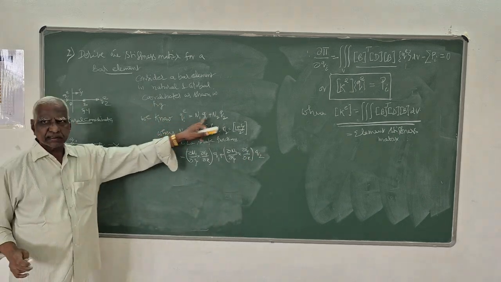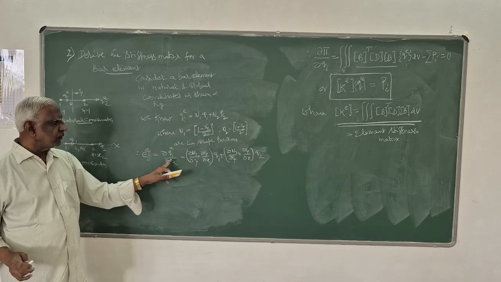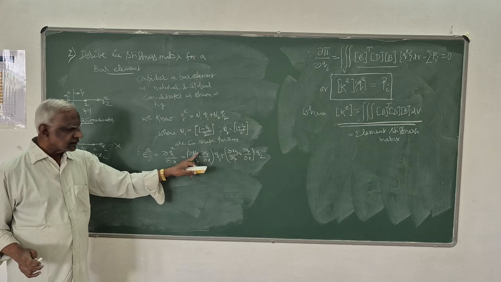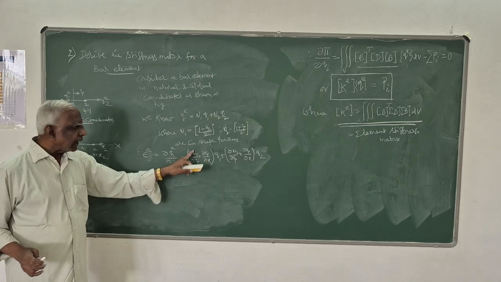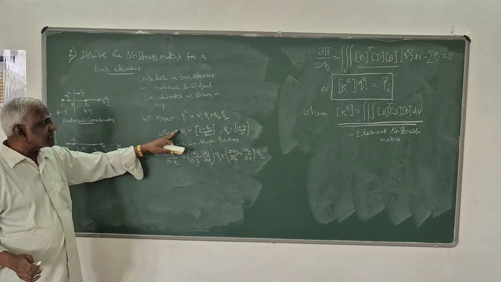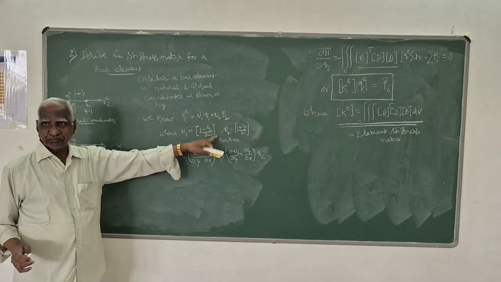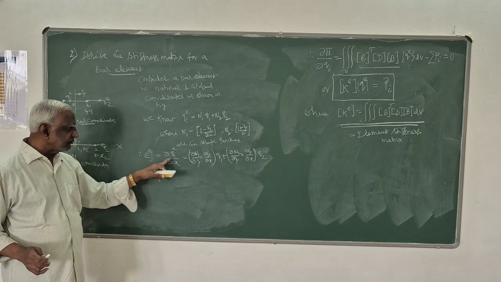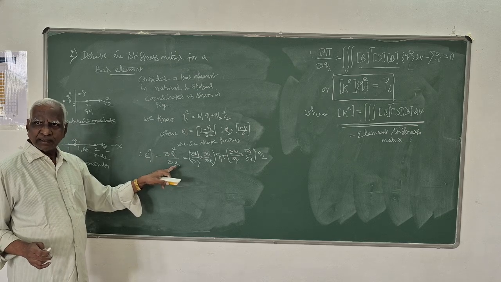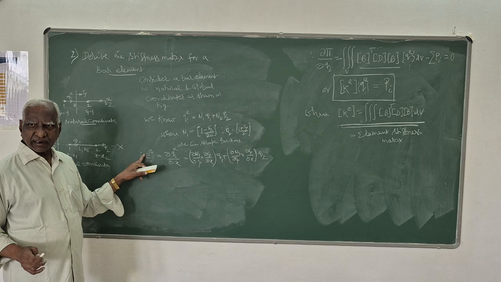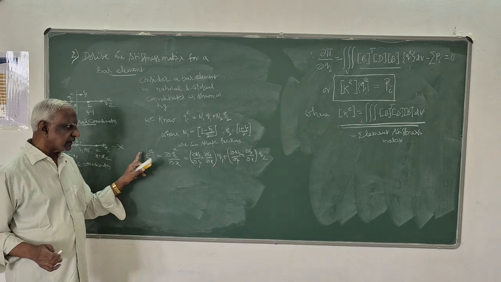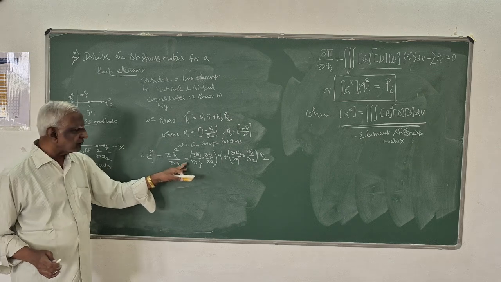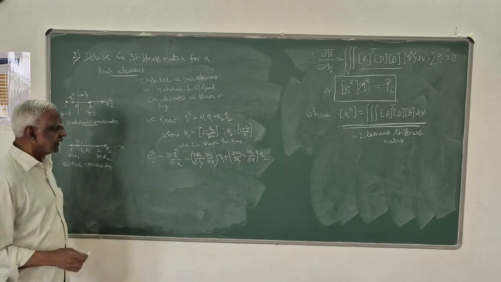I am differentiating this with respect to x. Because N is a function of ξ, the differentiation has to be converted into a function of x for relating with strain. So I have converted it into a function of ξ. That's why I am writing this relationship.